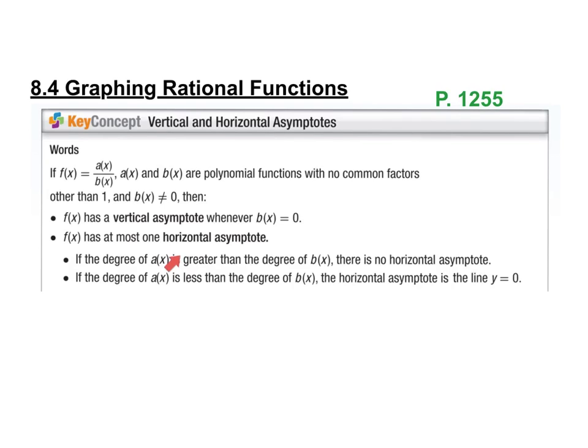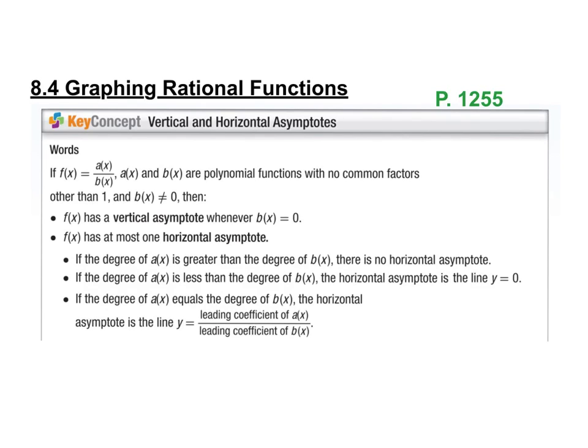So, of course, we have the situation where the degree of the numerator is greater than the denominator, and the degree of the numerator is less than the degree of the denominator. And then, of course, what one is left? Equal to. Now, here's where it gets very different from what we did in 8.3. If the degree of the numerator and the degree of the denominator are equal, then the asymptote is actually a line completely different from this.